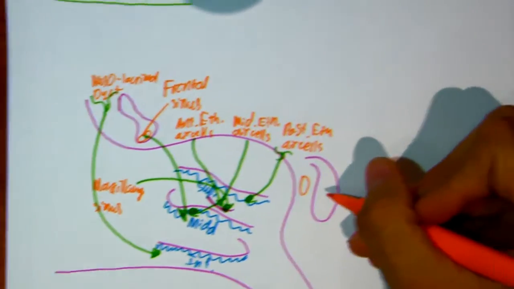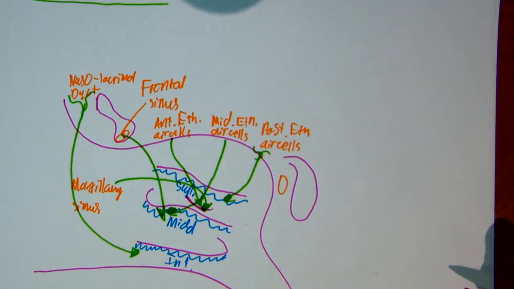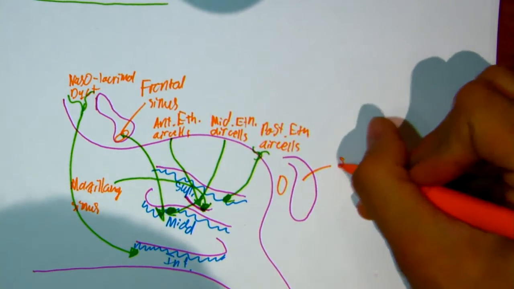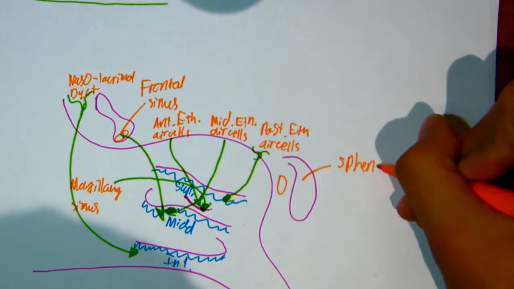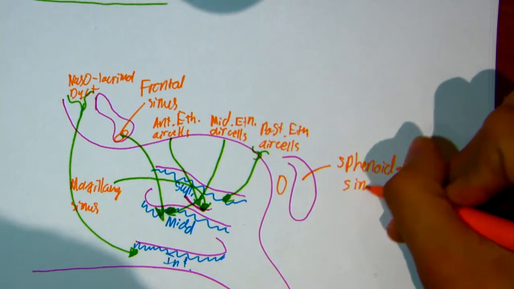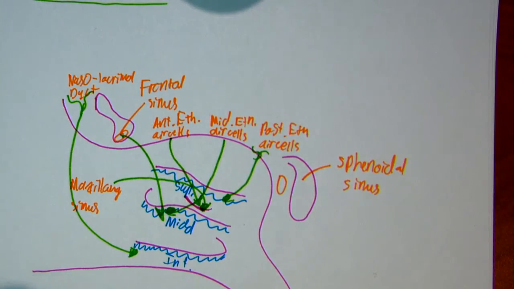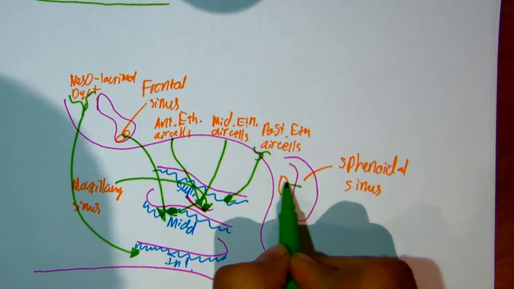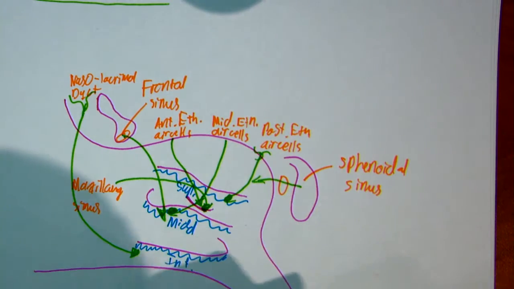What's this pocket over here? This pocket over here is the sphenoid, or the sphenoidal sinus. Where does it drain? Yeah, so it kind of just drains atop of the superior nasal concha.